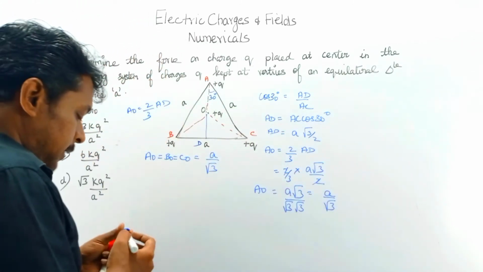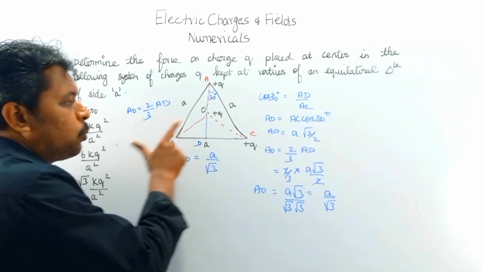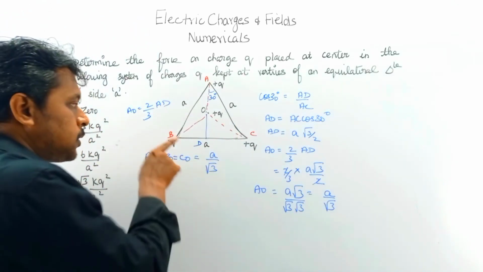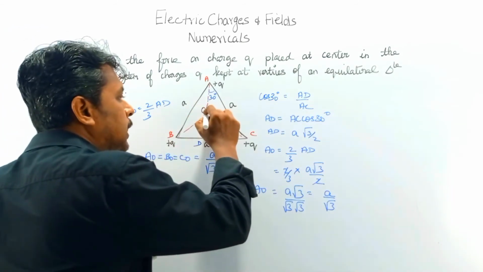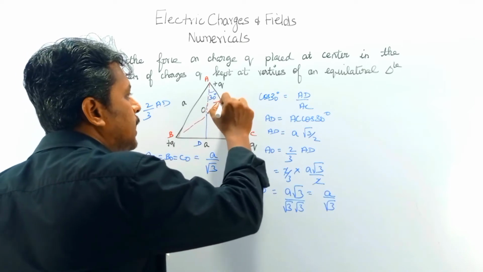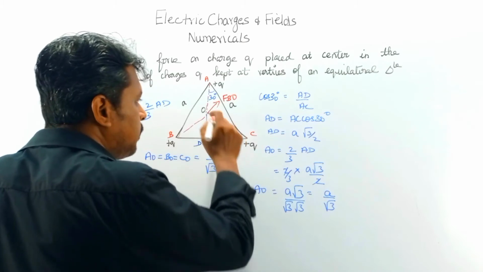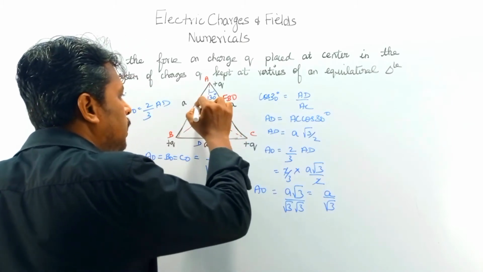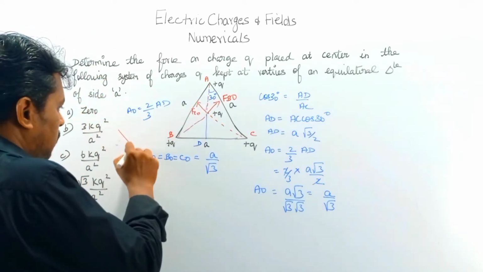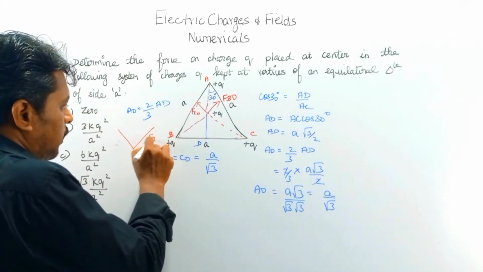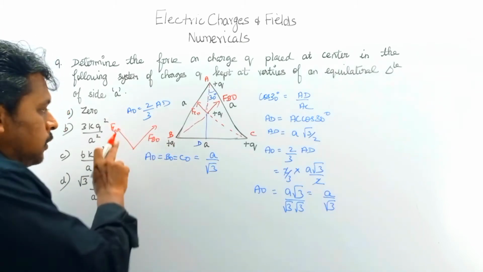Now we have to find the force of repulsion. Let us take these two points B and C. The force from B will be acting at this point O in this particular direction, so let us name it FBO. The force from point C will be acting in this particular direction, so let us name it FCO.